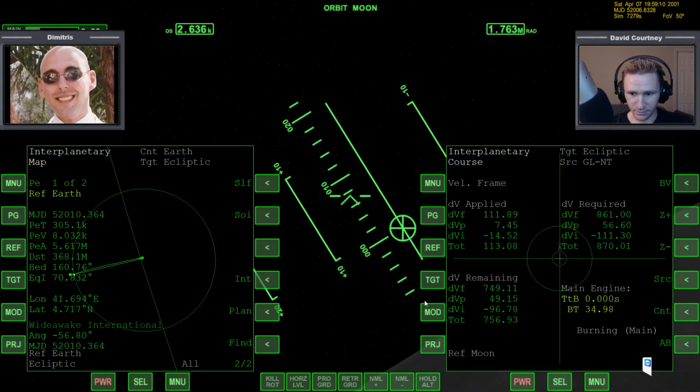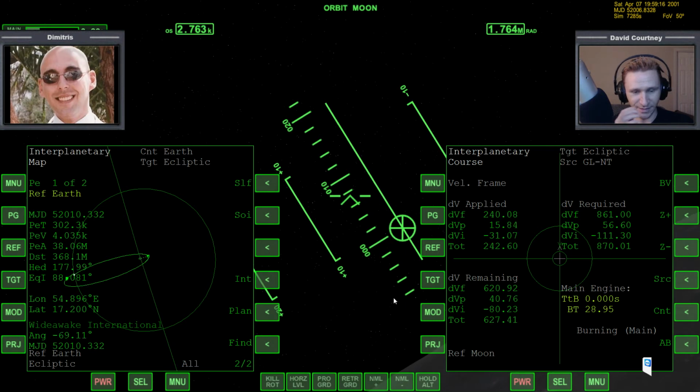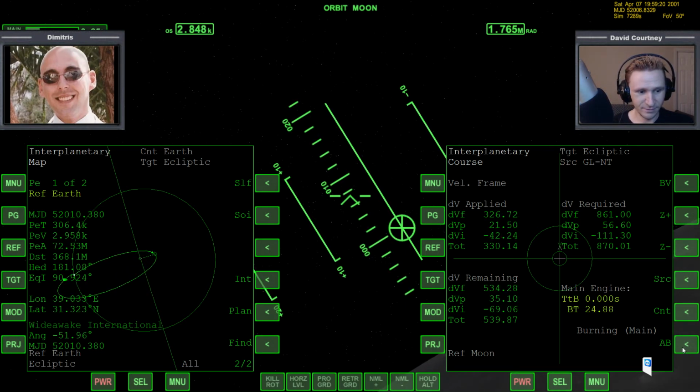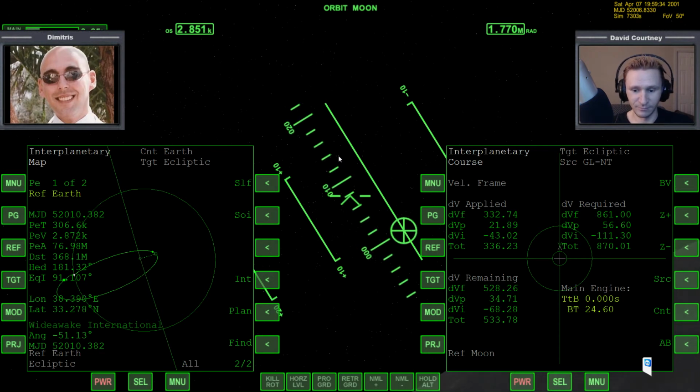Okay, and I screwed something up. You probably pressed AB twice, and I double clicked it. That's okay, a good thing you made the quick save then. It's good that we found this mistake because people might do it. If you press auto burn and you stop the burn, and then you press auto burn again, it will try to make the first burn that you set up.